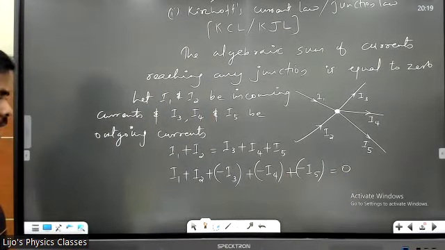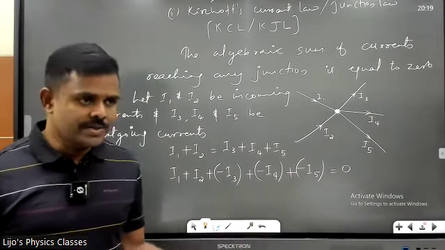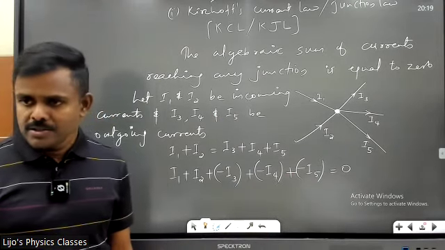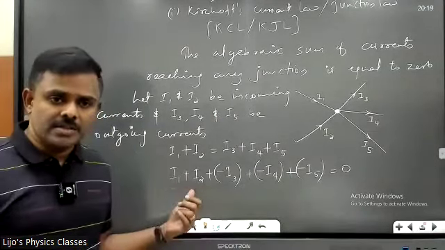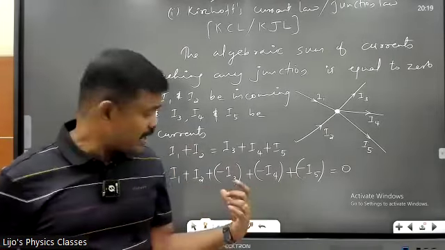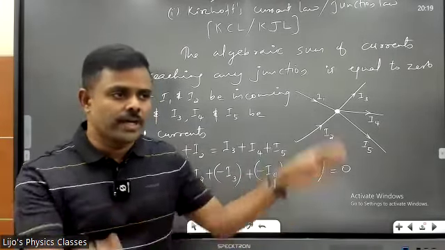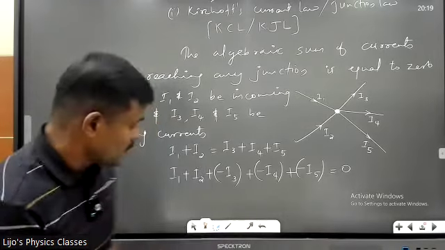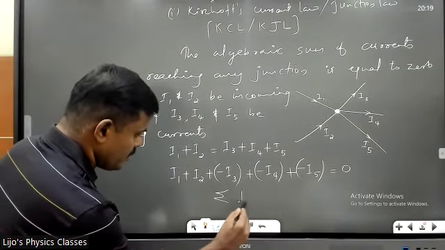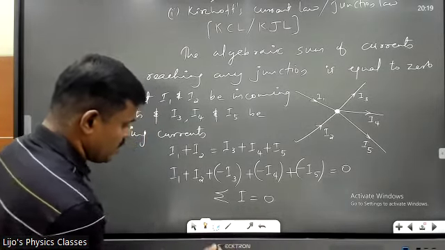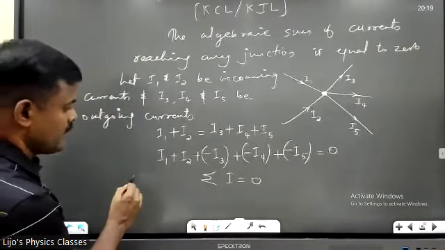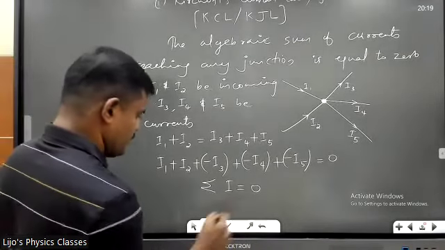So we have 5 currents whose sum is equal to 0. Two are positive currents, which means they are coming in, and 3 are negative currents, which means they are going out. So finally you can write, therefore, sigma I is equal to 0.